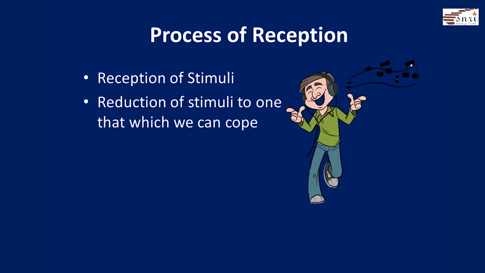Then we need to pay attention to how we can reduce this stimuli and then how we can adapt it to the particular context. So we need to understand the stimuli and also interpret it in the best possible manner.